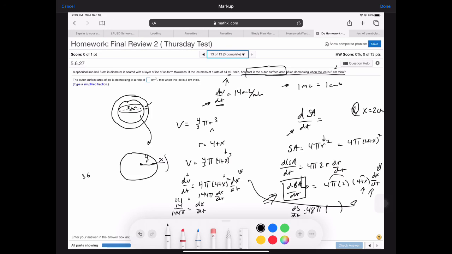And then we're going to plug in our 14 over 144 pi. The pi's divide out. And then this is 4 times 12 over 12 times 12. The 12's divide out, leaving me 4 and 12. That becomes a 3. So we're left with 14 over 3, I think. And that's our answer here.